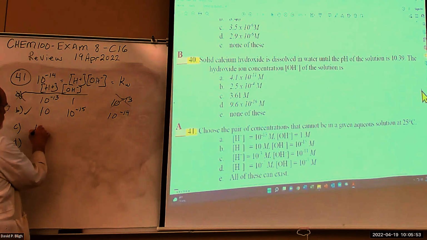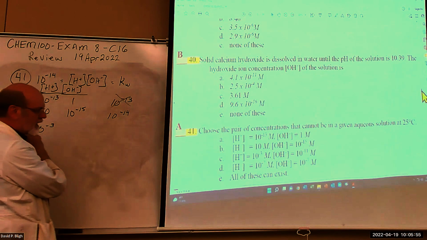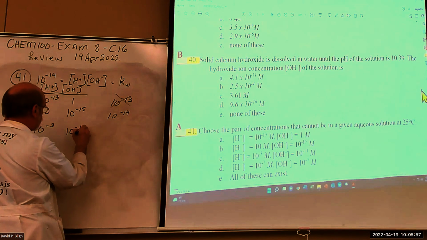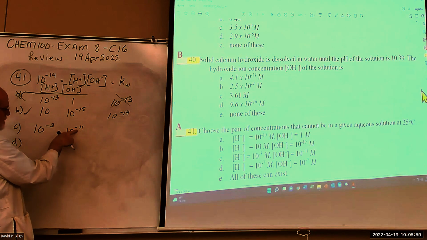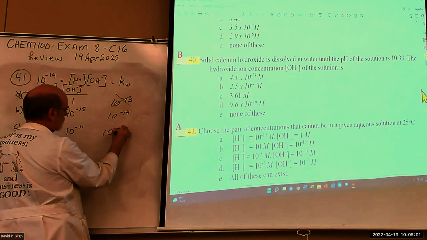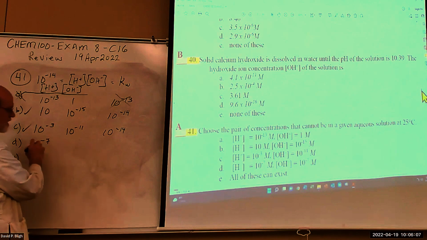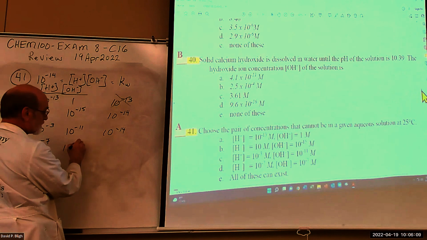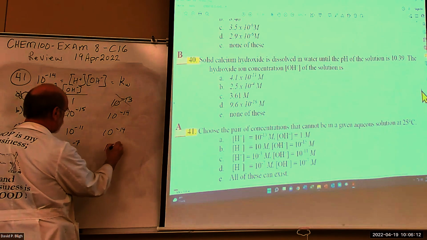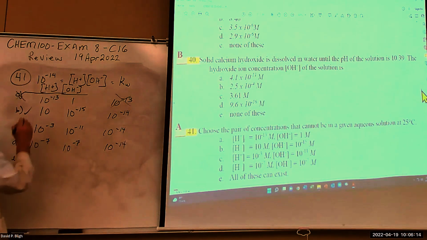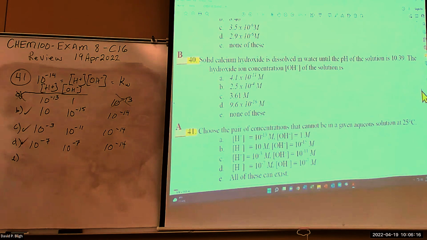10 to the minus 3 and 10 to the minus 11. Minus 3, minus 11, minus 14. That's true. And then the last one, 10 to the minus 7 and 10 to the minus 7, 10 to the minus 14. That's true. But all of these can exist?